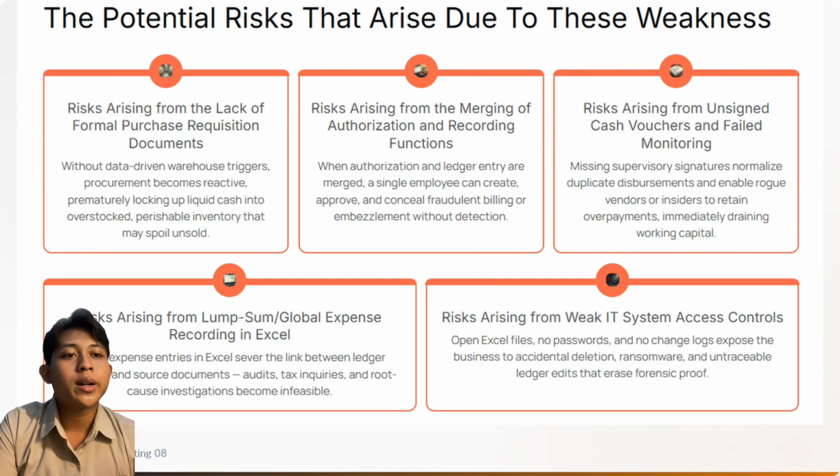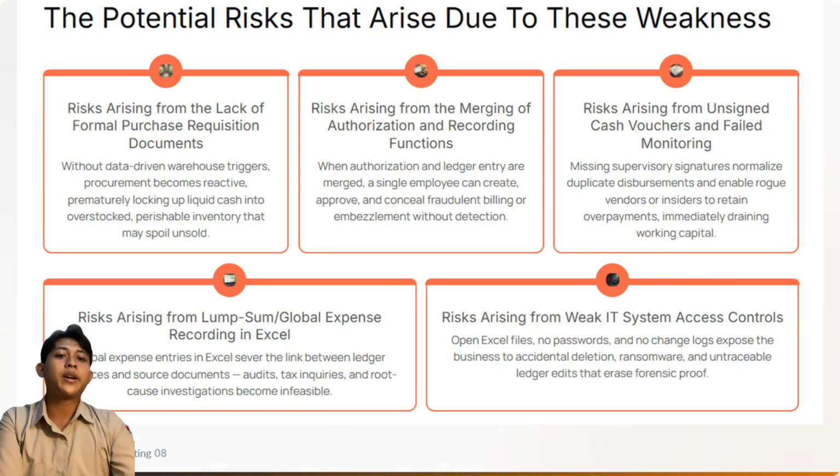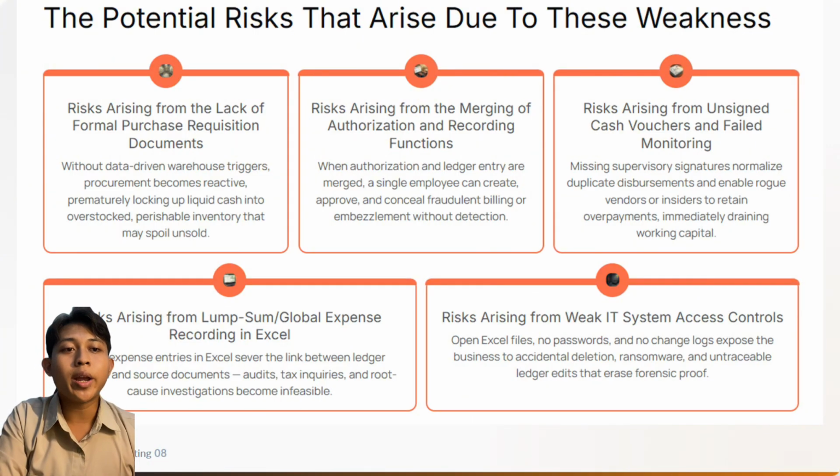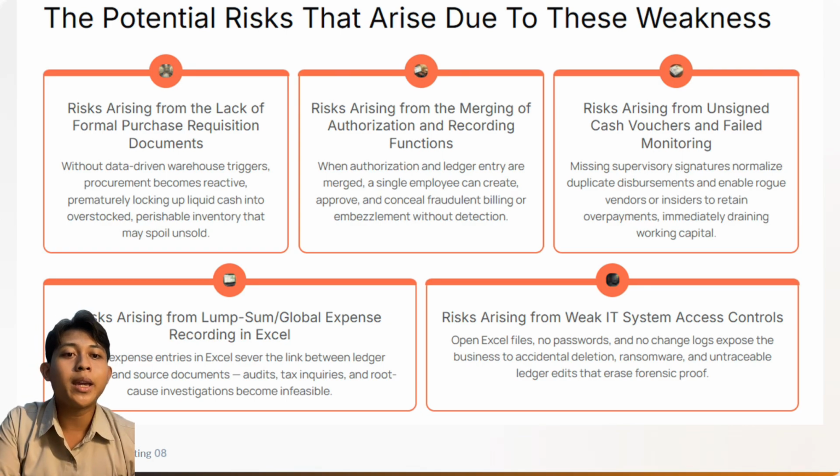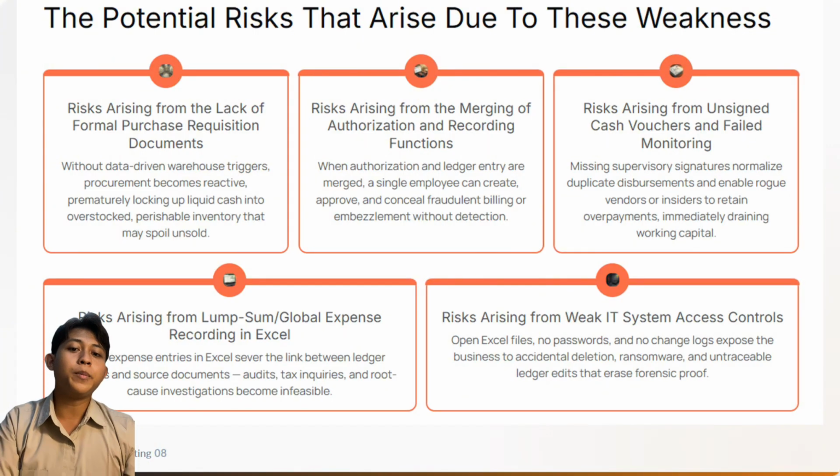A simple hardware crash, a hard drive failure, or ransomware virus infection will permanently erase a year of historical accounting data, making it impossible to calculate accurate taxes, verify supplier debt, or prove business performance.